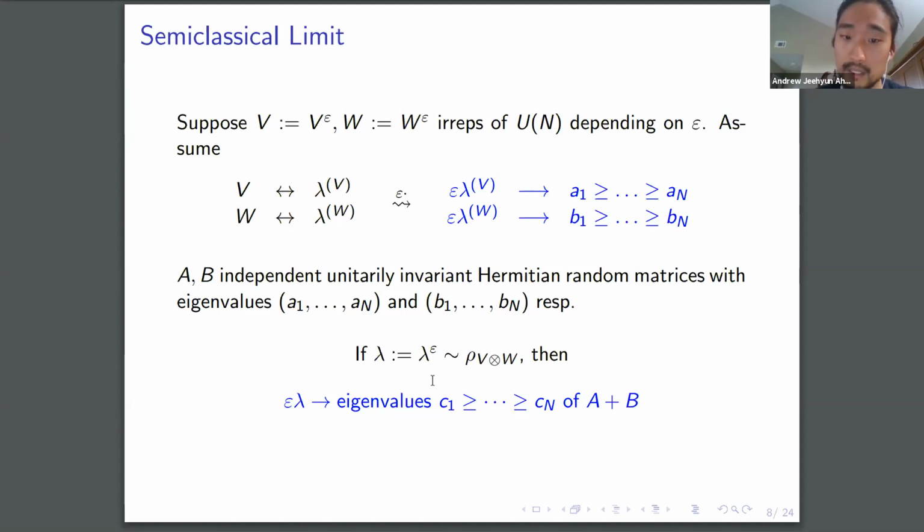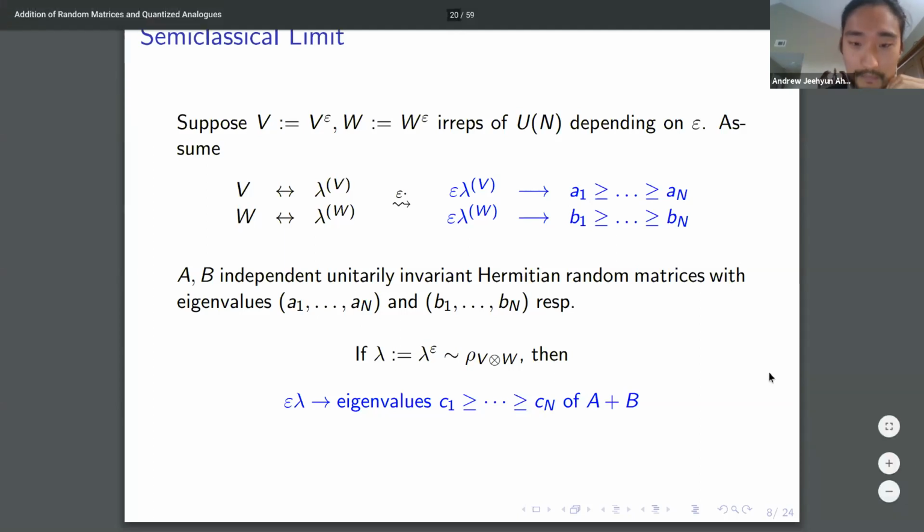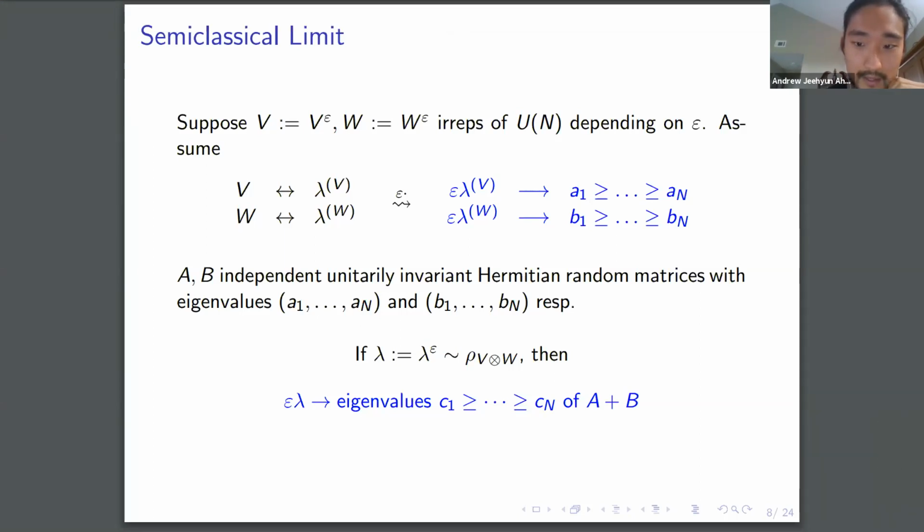Lambda is distributed as rho V tensor W. Recall, V tensor W has some decomposition into irreducibles of U(n), and so we can define this rho V tensor W. If we take lambda distributed as rho V tensor W, where V is depending on epsilon, so lambda is parameterized by epsilon, then rescaling this lambda by epsilon and letting epsilon tend to 0 will recover the eigenvalues of A plus B. So that was a lot of words, but are there any questions? I can try to clarify that.